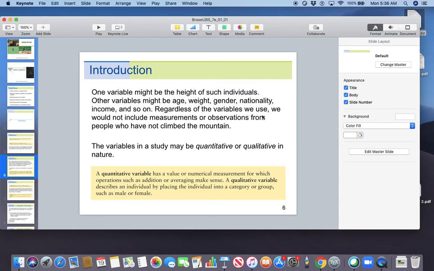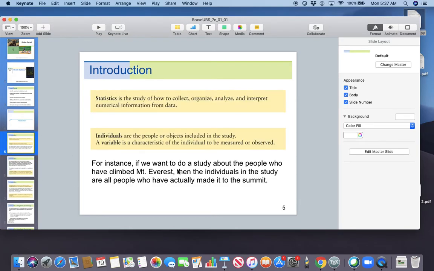Regardless of the variables we use, we would not include measurements or observations from people who have not climbed the mountain. So we are not looking at all sorts of people. In this particular study, we are only studying people who have climbed Mount Everest.